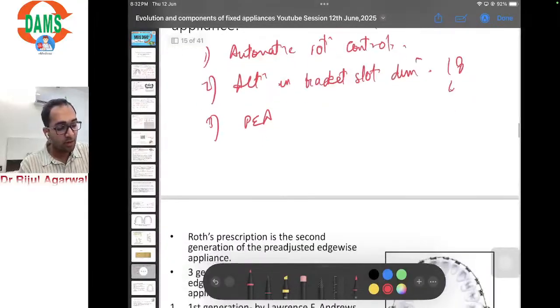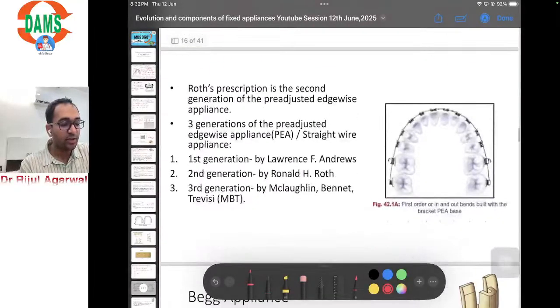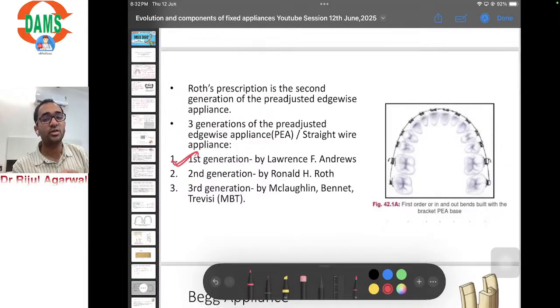This became the first generation pre-adjusted edgewise appliance, which was given by Lawrence F. Andrews. There are typically 3 generations. First was the one given by Andrews, second is Roth's prescription, and the third is the MBT prescription.